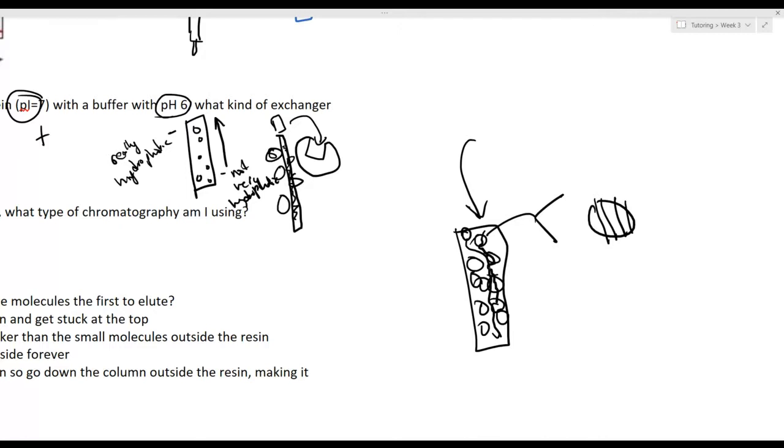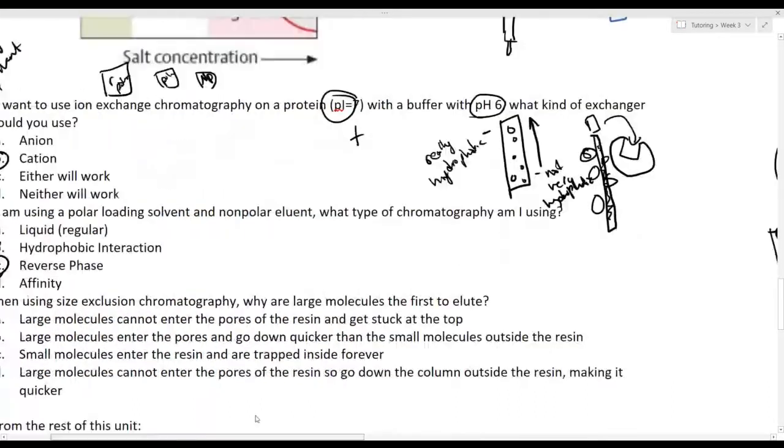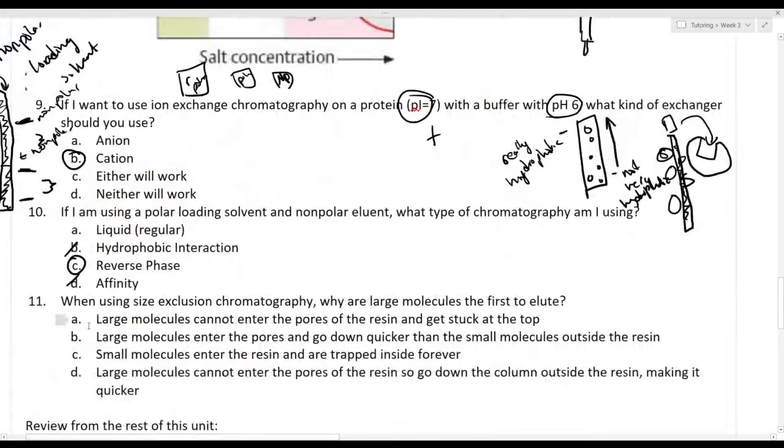When I use size exclusion chromatography, I get my protein or my long carbon, or whatever it is I'm looking for, out quickly, and the stuff like ammonia, the really small reactant that I don't want, is going to get stuck inside of this column for a while until it gets out eventually over time. So it's really used to get either the really big stuff or the really little stuff, depending on what you're looking for.